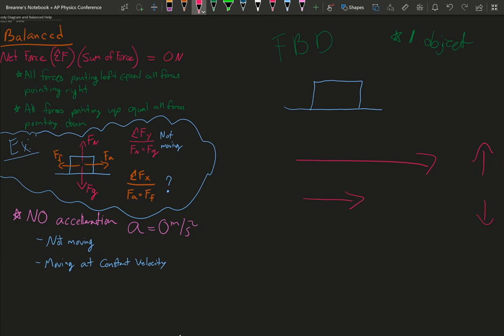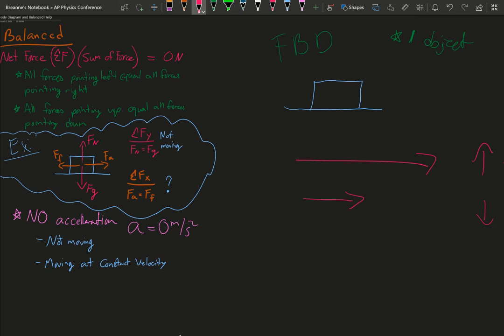Yes, if you sat there with a ruler, maybe your force of friction is slightly smaller than force applied if I scrutinize it, but at first glance, they look the same. And that's acceptable. But if one needs to be longer, you need to obviously draw one longer.